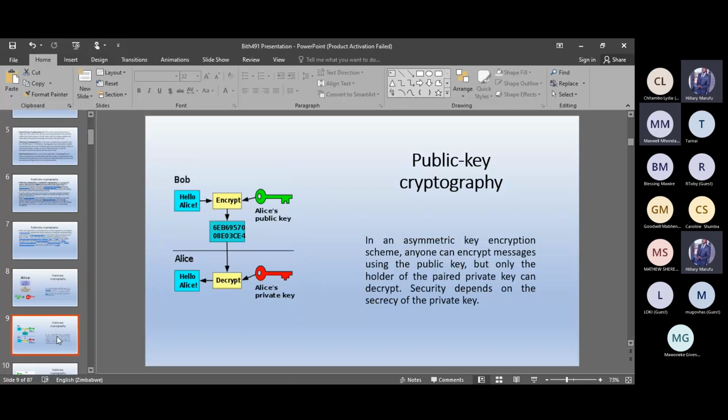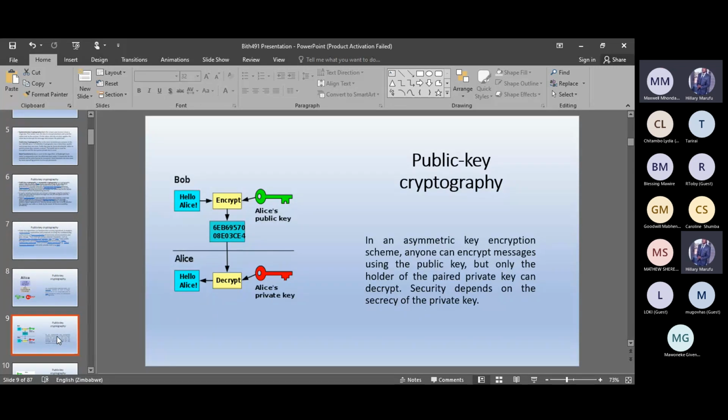Right. Take this for an example. My name is Bob. I want to send a message to Alice. So what do I do? I keep my private key and circulate my public key. I'll use Alice's key. So if I want to encrypt a message, I would encrypt that message using Alice's public key.